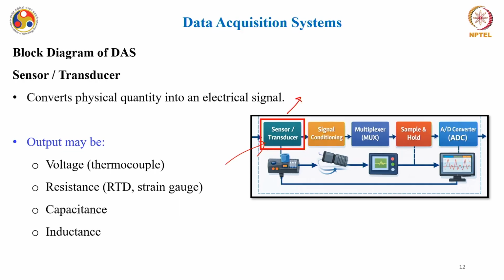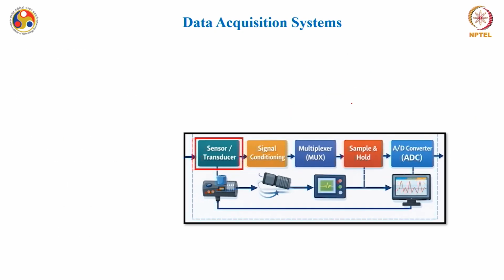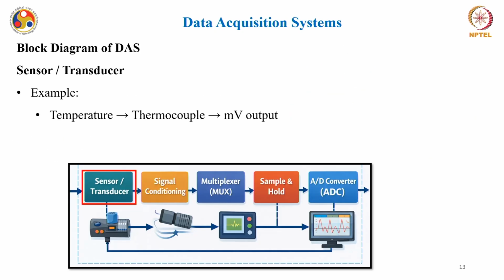Let us consider only voltage or current, because everything can be converted into these forms of electrical values. So, let us consider that the sensor's output is in terms of voltage or current. For example, if I have a temperature sensor, say I am using a thermocouple, the output will be in certain millivolts or microvolts, and that is why I mentioned that let us consider the output to be some voltage or current value.